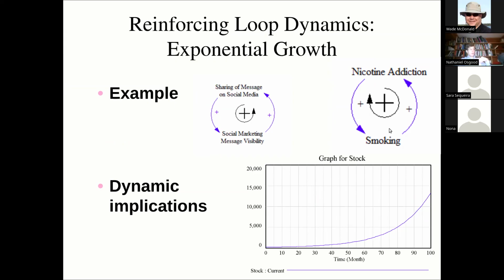This is dysregulatory. It sort of drives off in a certain direction, right? Now, there are times where people seek this. Like if you're engaged in social marketing for health promotion campaigns, you may share a message on social media, it's picked up, and that leads to more sharing of the message, and you view this as a virtuous cycle, whereas this you might view as a vicious cycle.